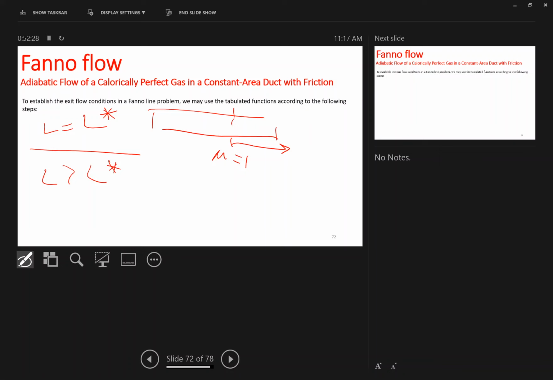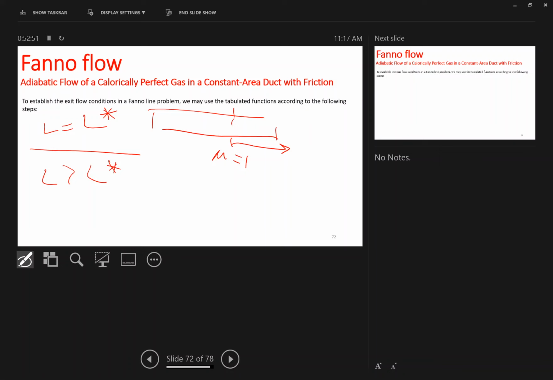But what we want to do is to find the inlet pressure, inlet temperature. We already know the outlet conditions. It is going to be the star conditions, right? And the star pressure and temperature doesn't really change, right? As long as your Mach is 1, your P is the P star, right?